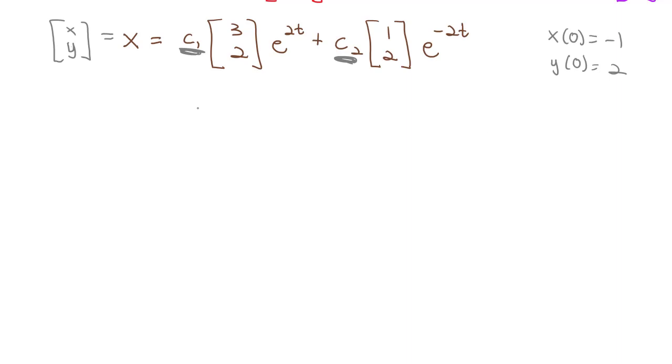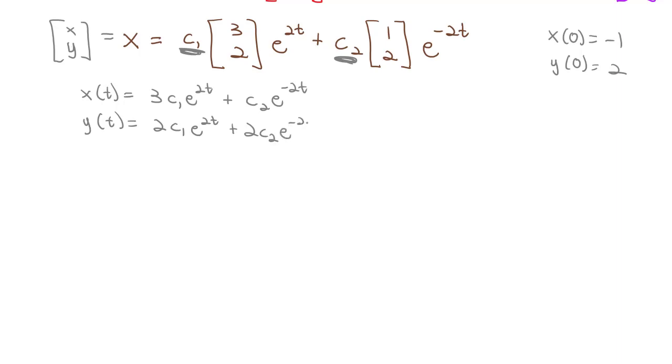So just going across the top, the x of t is equal to 3c1 e to the 2t plus 1 c2 e to the -2t. And going across the bottom, the y of t is equal to 2c1 e to the 2t plus 2c2 e to the -2t.